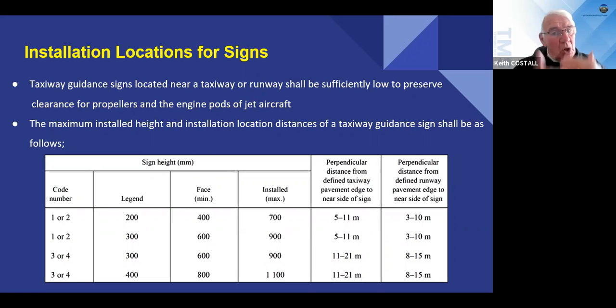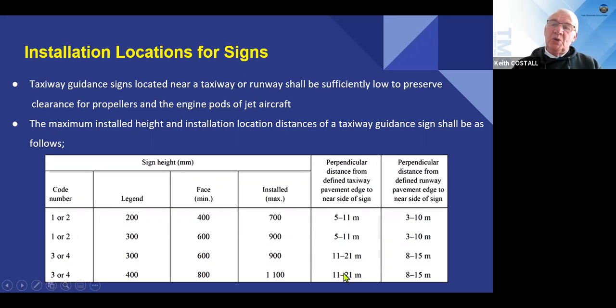So there has been a lot of discussions in the industry associated with sizes of guidance signs and whether or not they should be angled. That is not perpendicular. So I have to say these discussions are ongoing. That's all I can say about that at this time. But the standard says perpendicular.